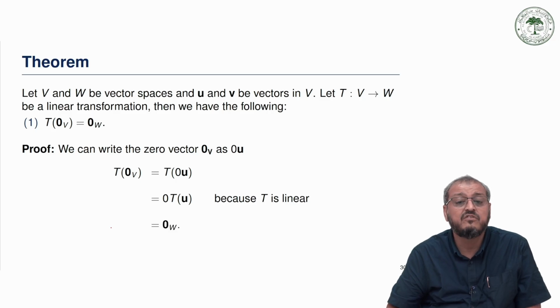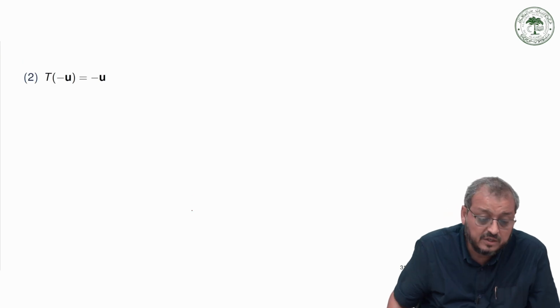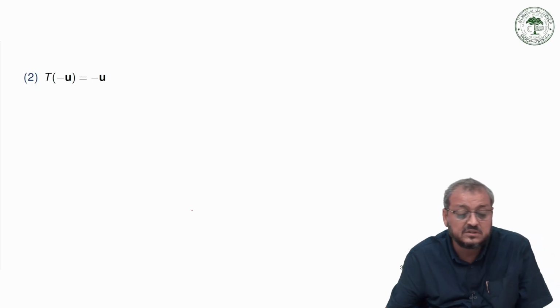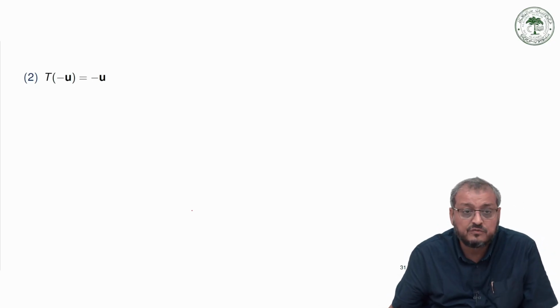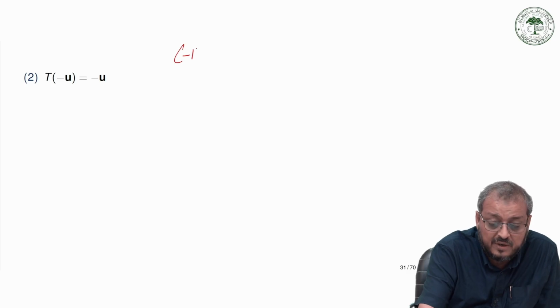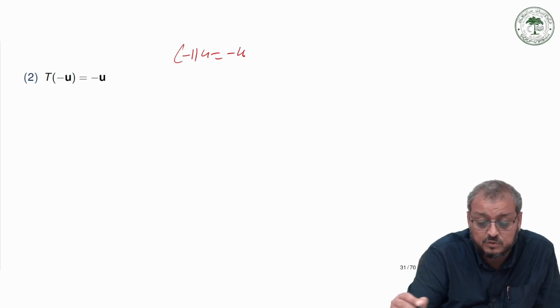Now, T is linear, and we use the condition for the next property: T of minus u is equal to minus T of u. We know that minus 1 times u is equal to minus u.